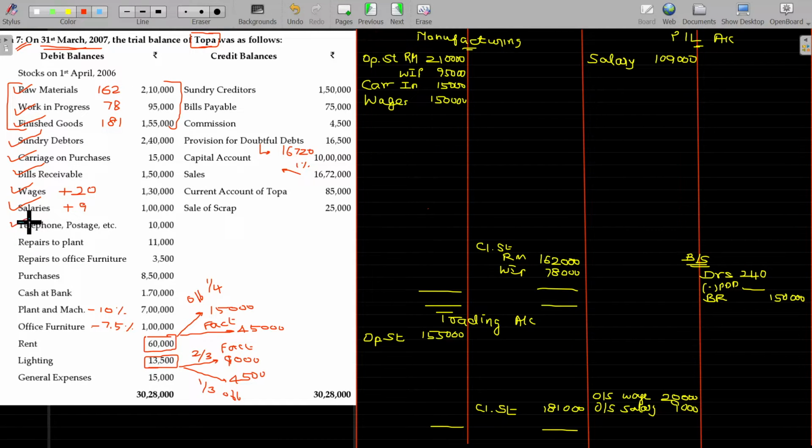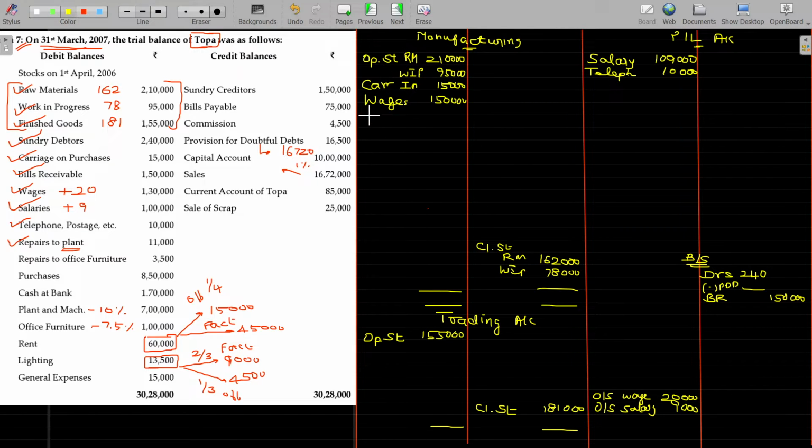Telephone and postage will be debited in the P&L account, related to the admin expenses, right? So telephone, the value being 10,000. Repairs to plant will be debited in which account? Manufacturing account. Plant, machine, whatever it may be, will be available only in the workshop. So any expenses related to that will be debited to the manufacturing account.